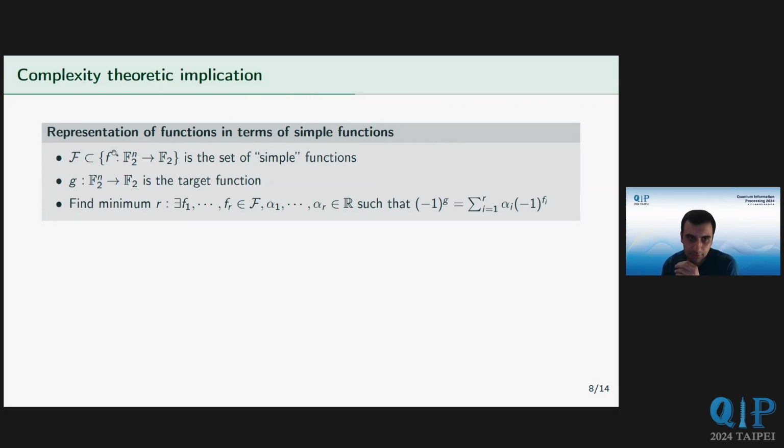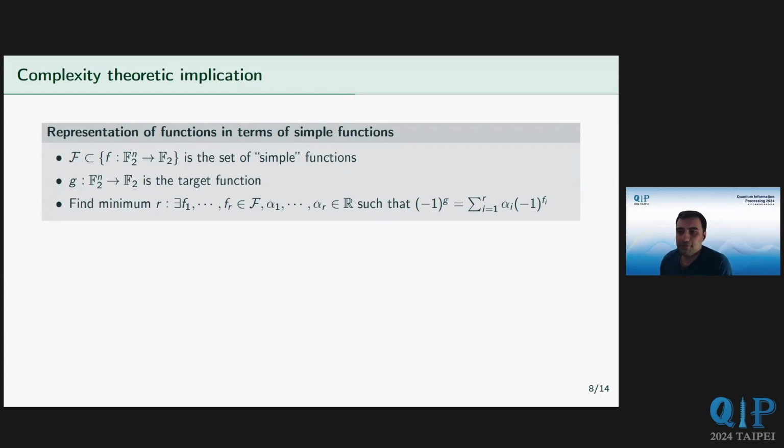If you look at the set of all Boolean functions, we consider some subset and we call them simple functions, and we look at some target function g, and we try to characterize the complexity of this target function in terms of our simple functions. And the complexity is defined this way. We look at the minimum number of simple functions that you need, such that you can write (-1) to the power of your target function as a linear combination of these simple functions.